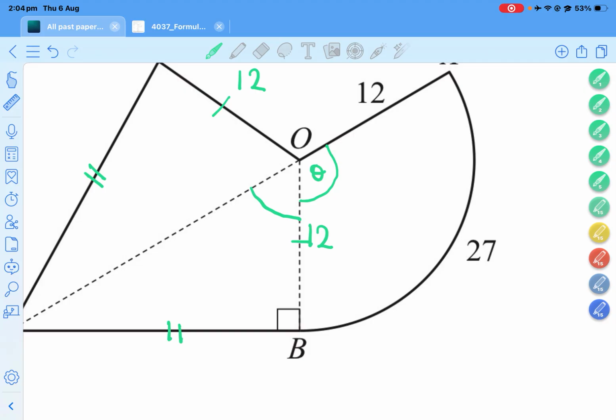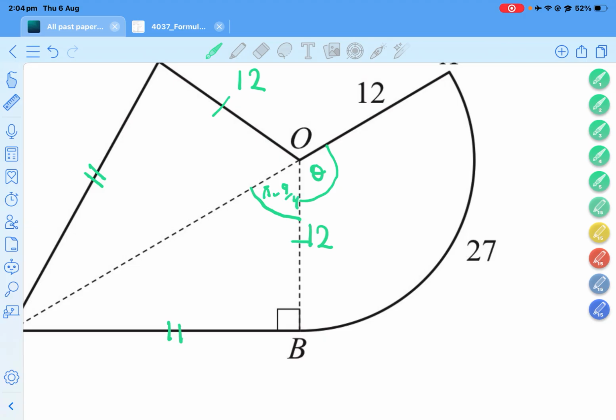I think I might have an idea. They said COA was a straight line, so this whole thing must be pi, and since we found theta in radians, maybe we could do pi minus 9/4 as this angle. Let me write that down: pi minus 9/4.